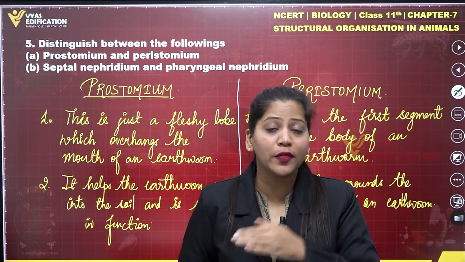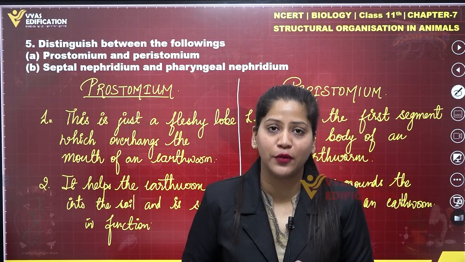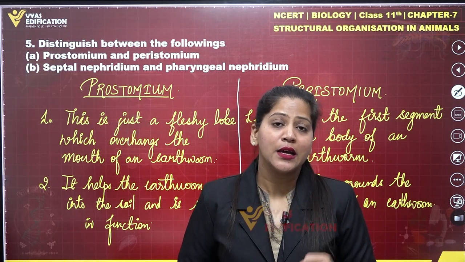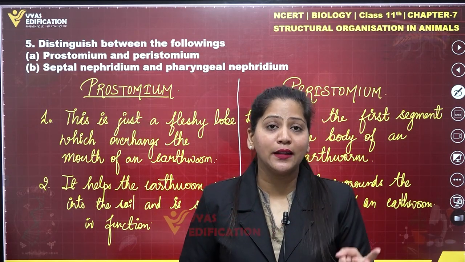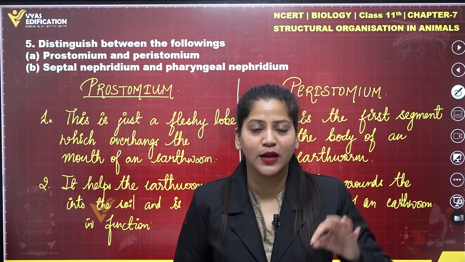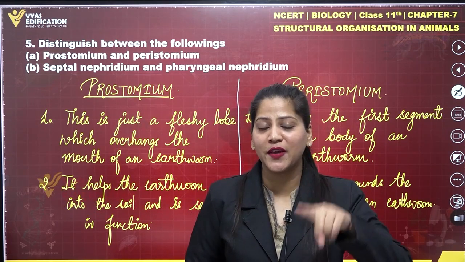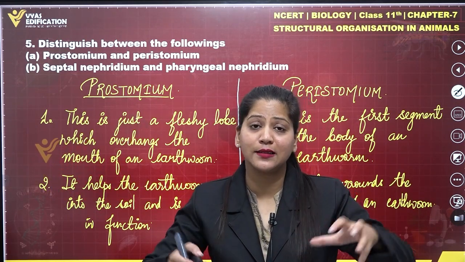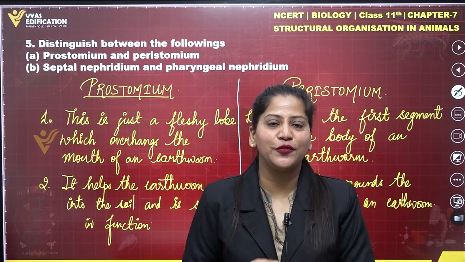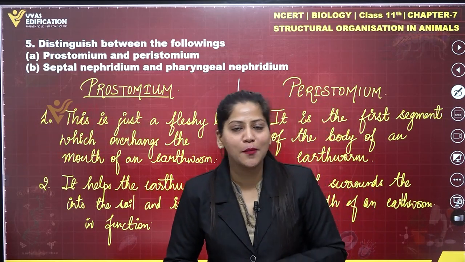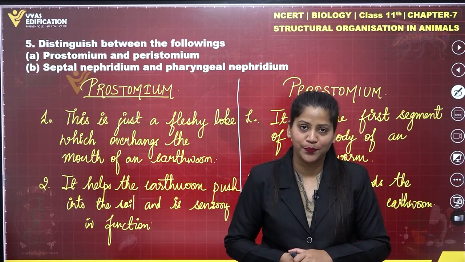Based on location, we have three types of nephridia: septal nephridia, integumentary nephridia, and the third one is pharyngeal nephridia. On the basis of location, these three types are present in different parts of the body of the earthworm.